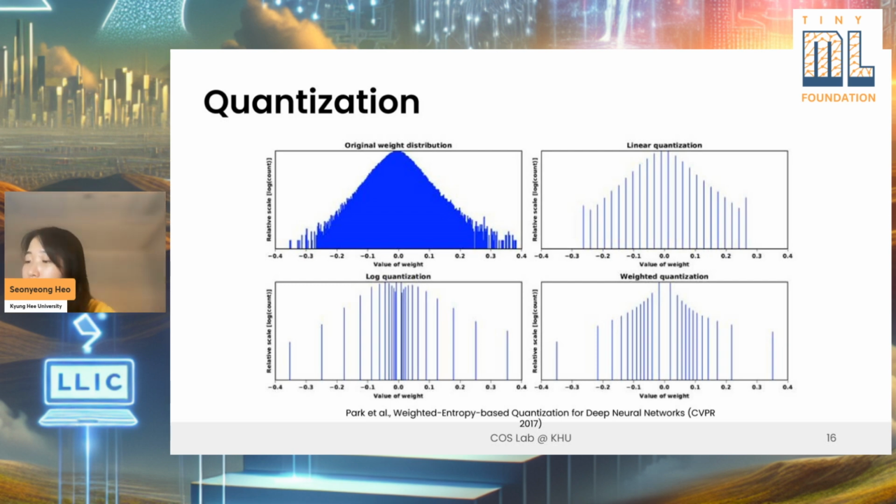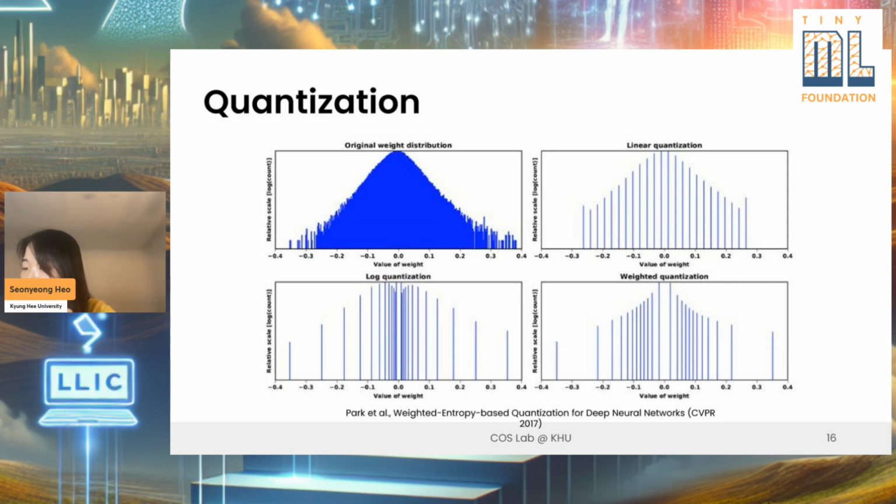There are three main types of quantization. The first one is linear quantization, which is the most common type of quantization. It chooses linearly spaced values for quantization, as illustrated in this graph. The second one is log quantization, where the gap between two values grows in a log scale.